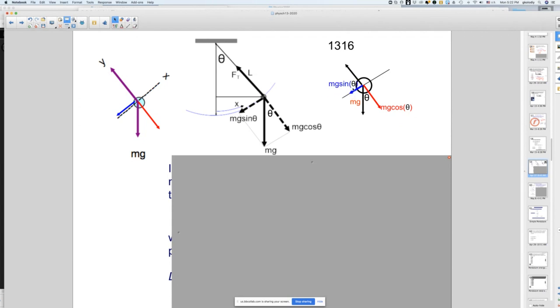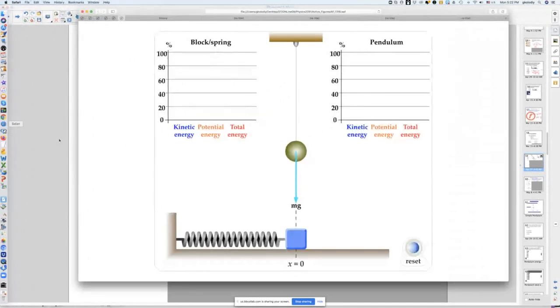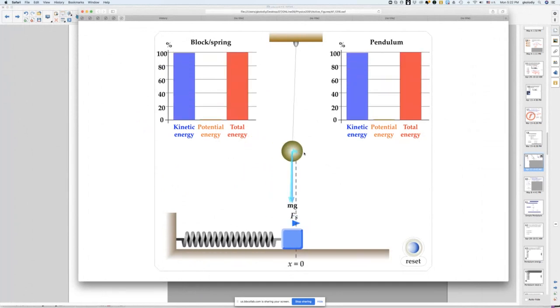Because as the object swings, these two forces don't do any work. This is the only one that does any work. And you saw that in the simulation that I had. Let me put that up one more time. So the force that matters is this one here.